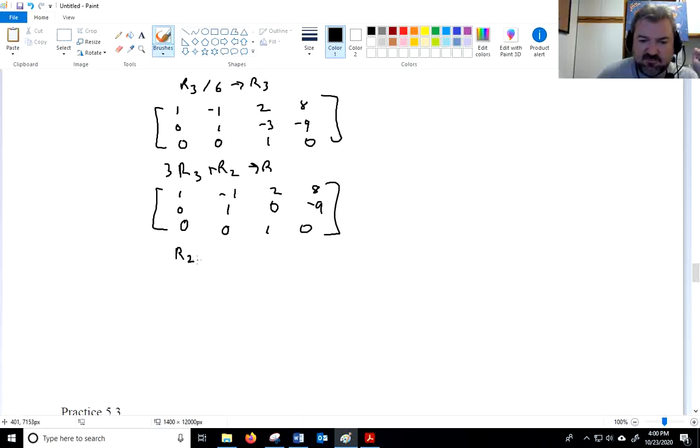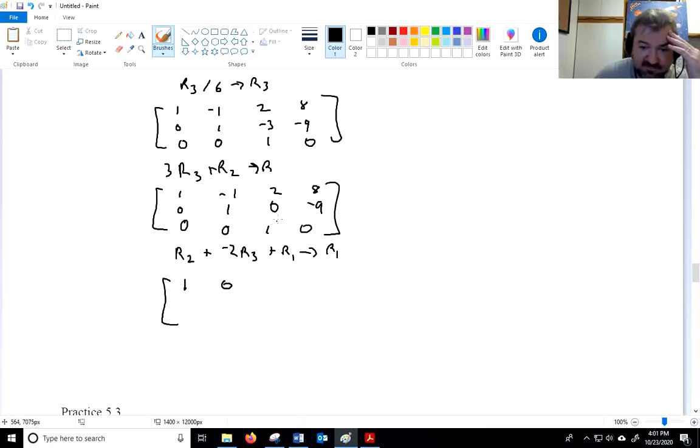And then the last step, I'm going to get rid of both of these numbers here. So I'm just going to take row 2 as it is. I'm going to take negative 2 times row 3. And I'll take row 1, and I'll store the result in row 1. Nothing changes there, right? 0 plus 1. All right. That's 0. We're leaving that the same. 1 plus negative 1 is 0.